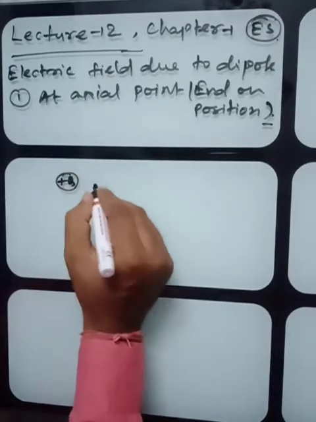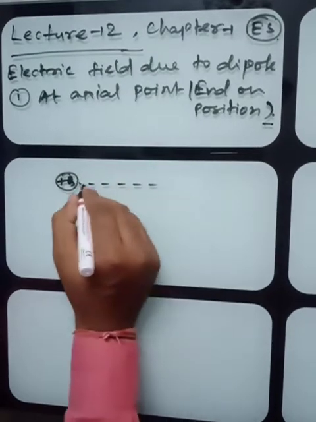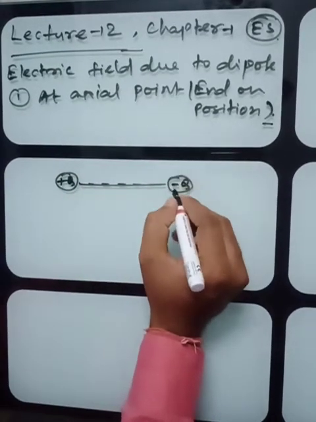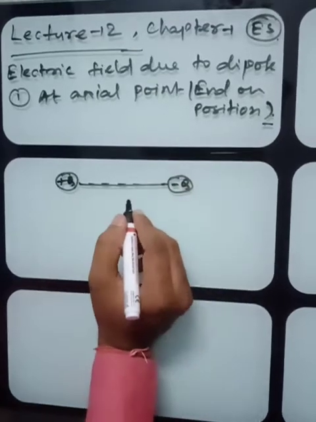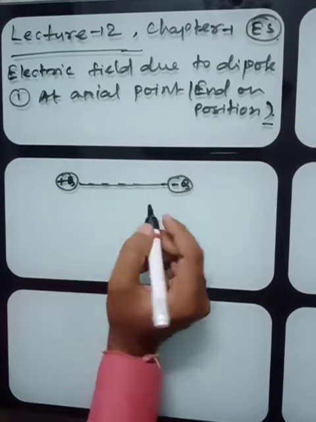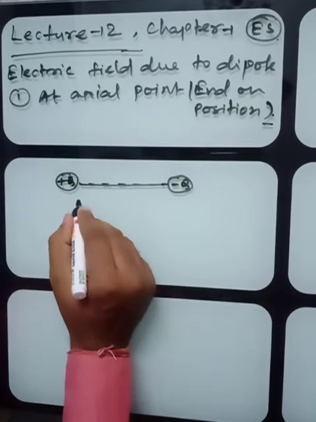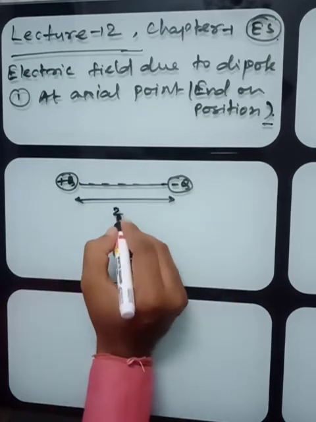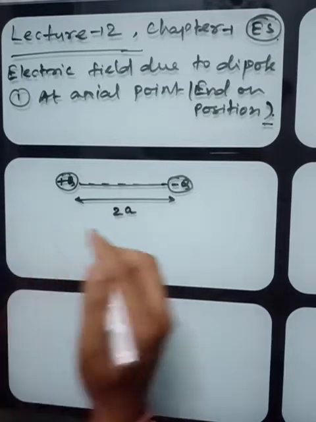Suppose it is a dipole, plus q and minus q. A dipole is a system of two charges having equal and opposite magnitude. For simplification, we take the distance between them as 2a.